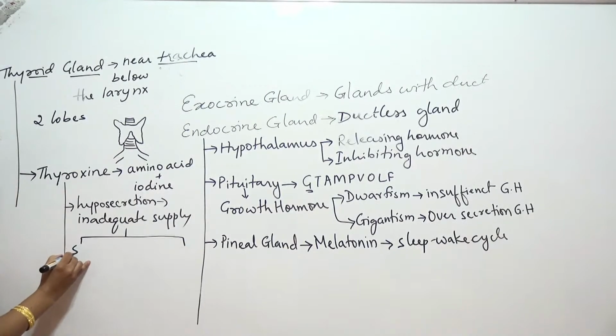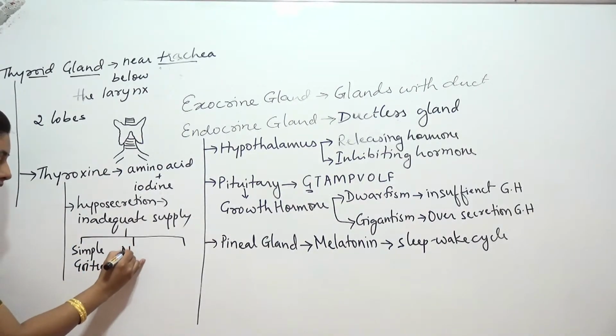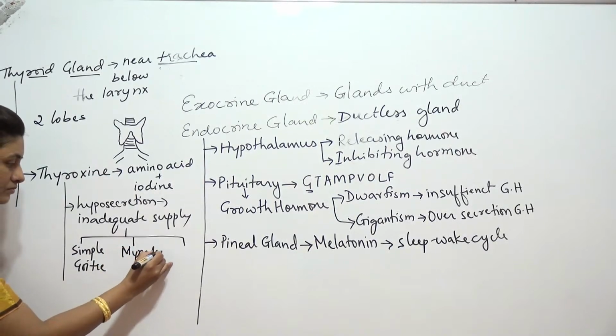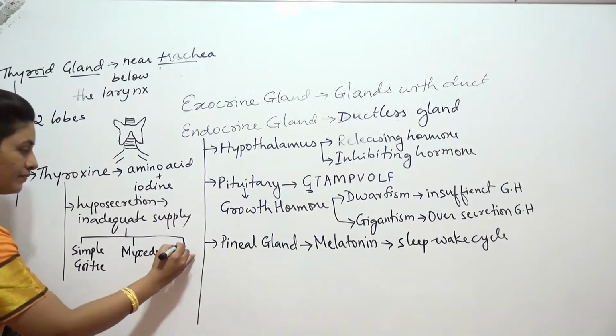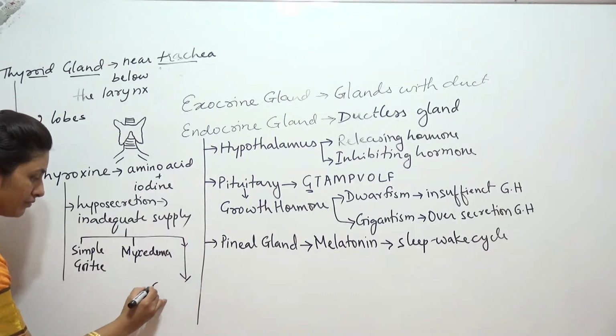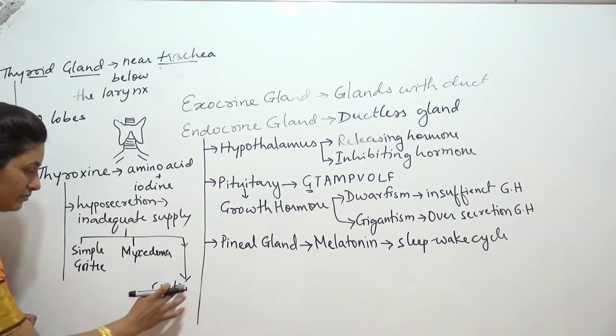in which they are simple goiter, then comes myxedema and cretinism.